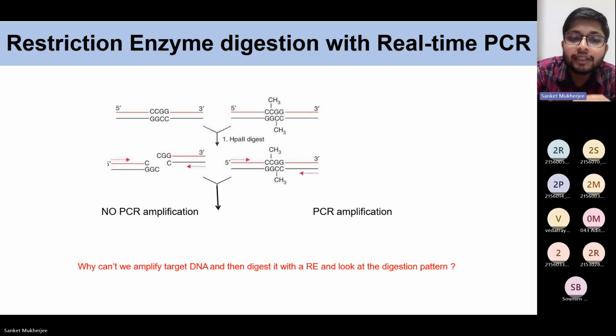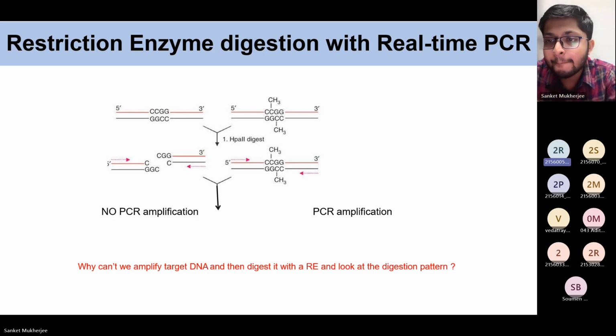Methylated is getting cleaved and unmethylated ones are not getting cleaved. So unmethylated ones will have PCR amplification, and methylated ones will not. How would you know whether that non-amplification is due to a problem in primers, a problem in the PCR reaction, or due to the activity of the enzyme? Clear? Okay.